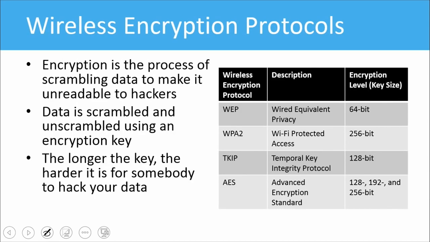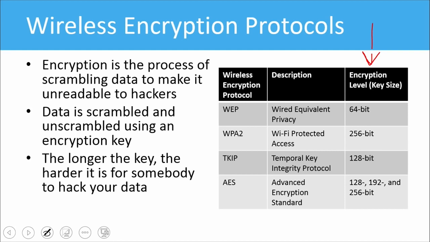The table to the right is going to detail a couple of different wireless encryption protocols for you. You may be familiar, you may be using some of these at home. What happens with encryption is that we scramble data to make it unreadable to hackers. We do this using keys, and the size of your encryption key is going to dictate how strong your encryption is, right?